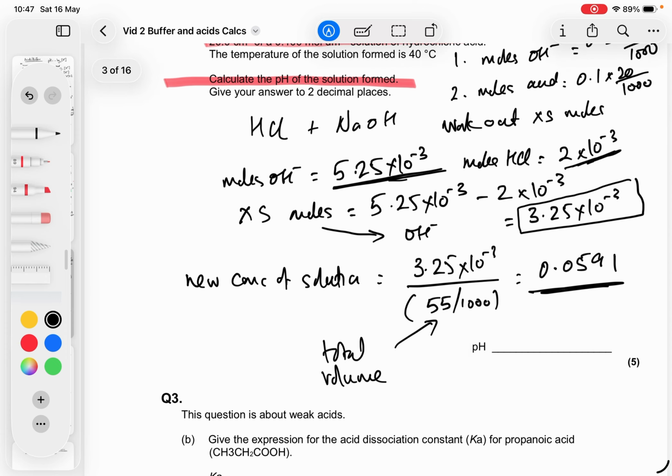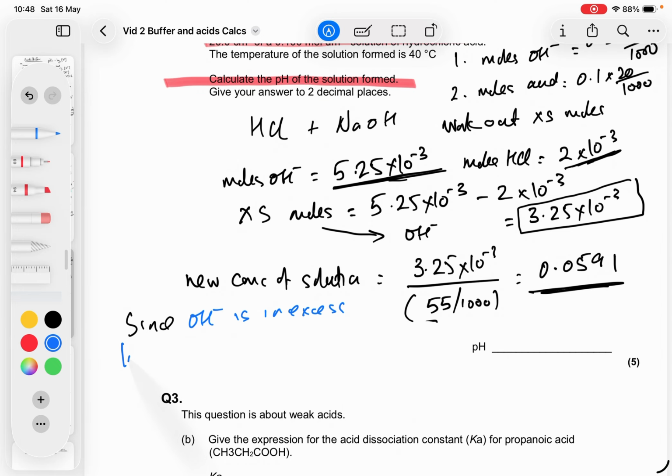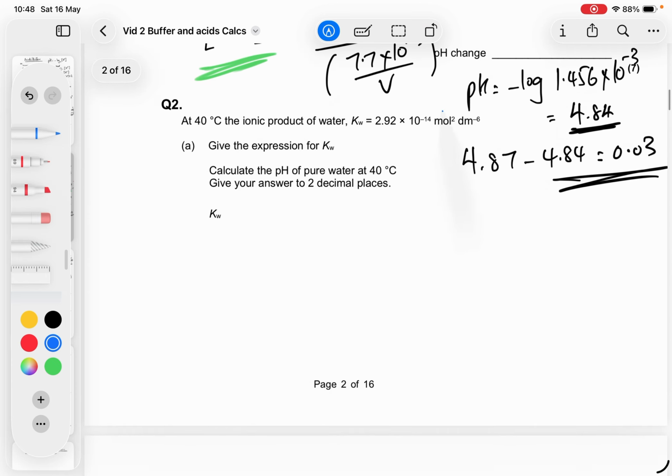Now here's a really important point, and let me write in a different color: since hydroxide is in excess, to work out the concentration of H plus, you use Kw. So H plus equals Kw over hydroxide concentration, and Kw in the question is given as 2.92 times 10 to the minus 14.